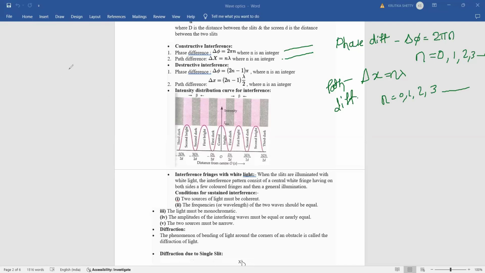Similarly, for destructive interference, the phase difference delta phi is equal to (2n minus 1) into pi, and the path difference is (2n minus 1) into lambda divided by 2. Earlier it was n lambda, but here it is 2n minus 1 and lambda divided by 2.